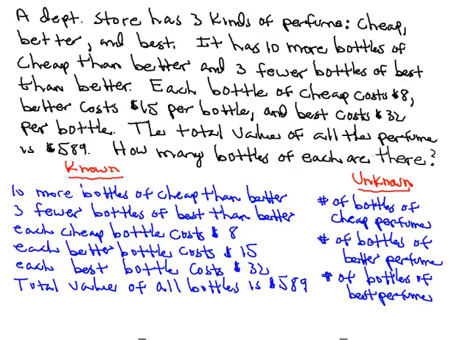What we don't know, and would like to find out, is the number of bottles of cheap perfume, the number of bottles of better perfume, and the number of bottles of best perfume.